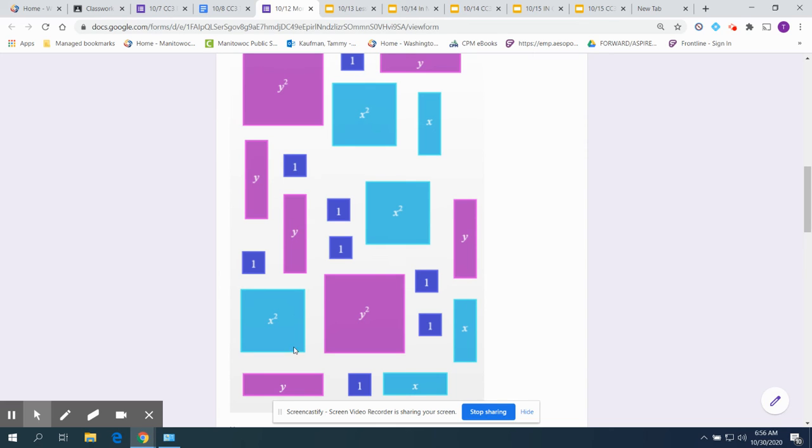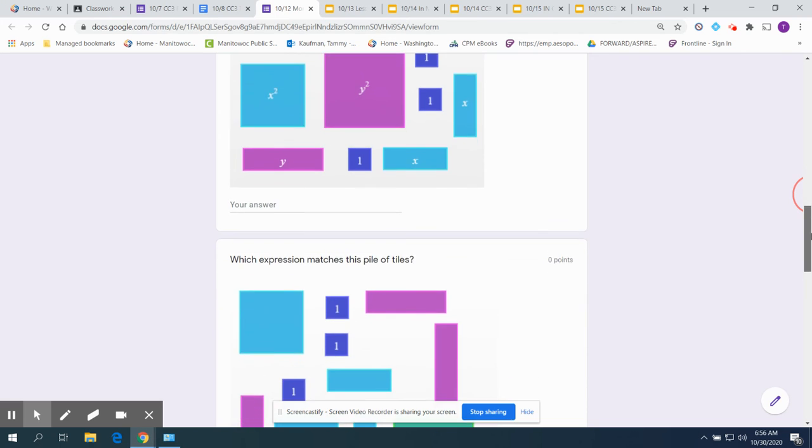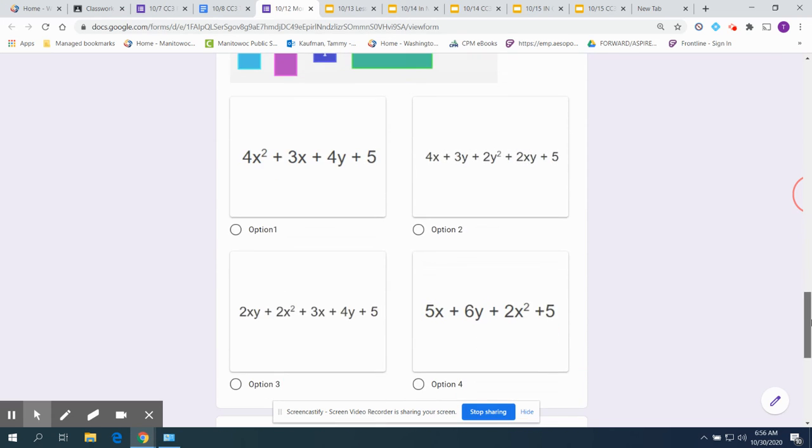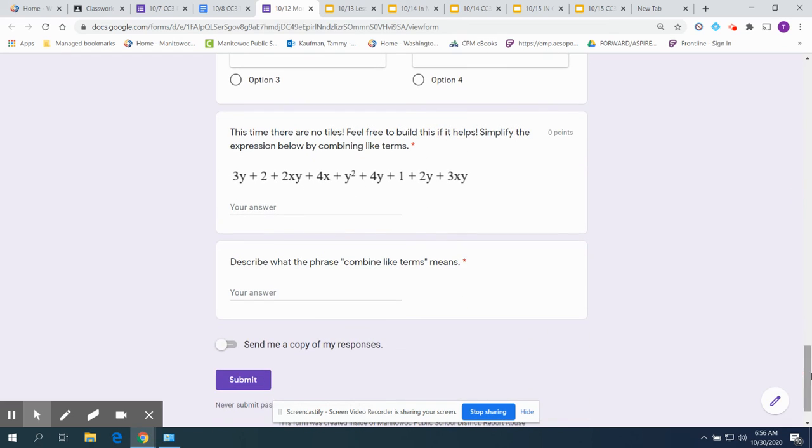So plus 1, 2, 3, 4, 5 Ys. So that's called combining like terms. And then there's an expression that you can match. And this time there are no tiles, so I want you to try to combine your like terms without using tiles. So that is 10.12.